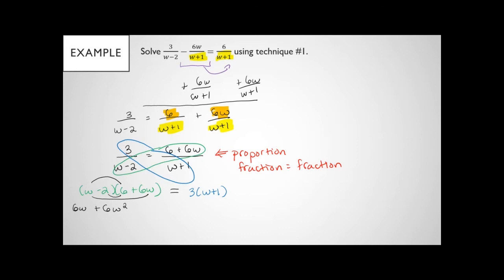Then on the inside, negative 2 times 6, so that's negative 12. And then negative 2 times 6w, and that's going to be a negative 12w. So I FOILed on the left. And then on the right, I also need to distribute. So I'm going to do 3 times w, which is 3w, and then 3 times 1, which is 3.